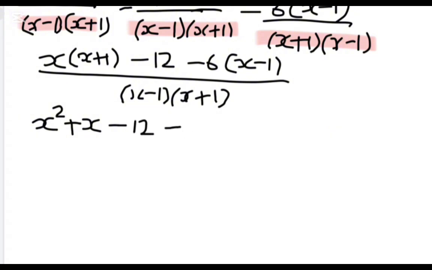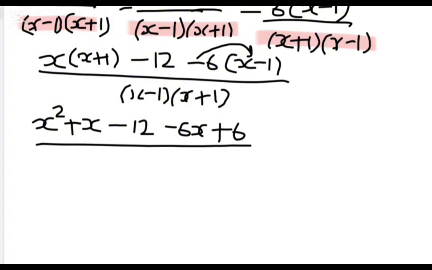This minus 6 is going to multiply here, which gives us negative 6x, and then negative 6 multiplied by 1 is going to be plus 6. Perfect. It's going to be divided by x minus 1 and x plus 1.